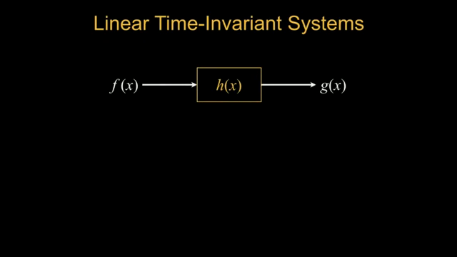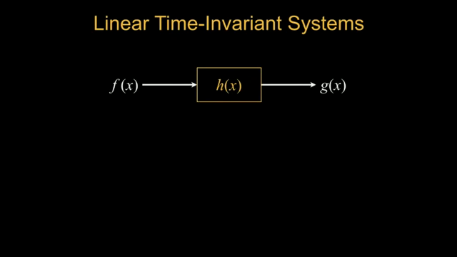Nope? Okay. All right. So let's imagine we have an input function. It goes into some kind of system, which is acting upon f. And we can say that, let's say it's h of x. And the output is g. Now, in general, we don't know what to do if the signal is arbitrary.